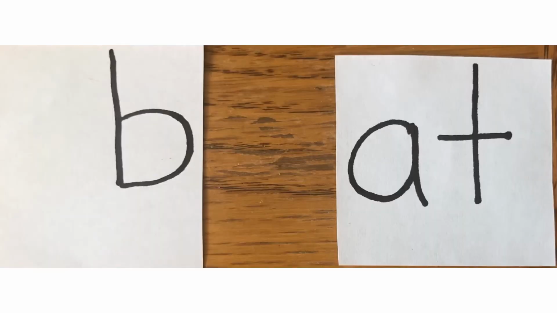Now that you know the sounds that we're working with, try to blend them. What sound does the letter B make? Make that sound. What sounds do the letters A-T make at the end of this word family? Make that sound. Can you blend these two sounds together?